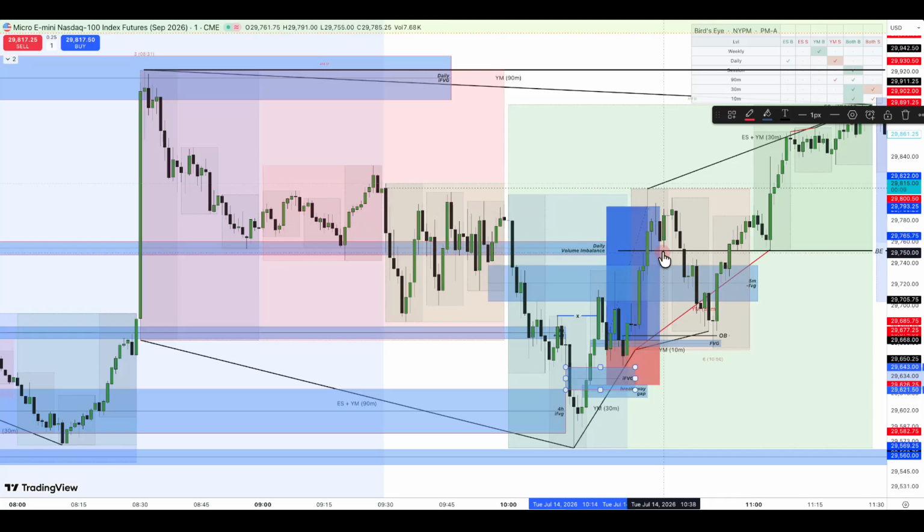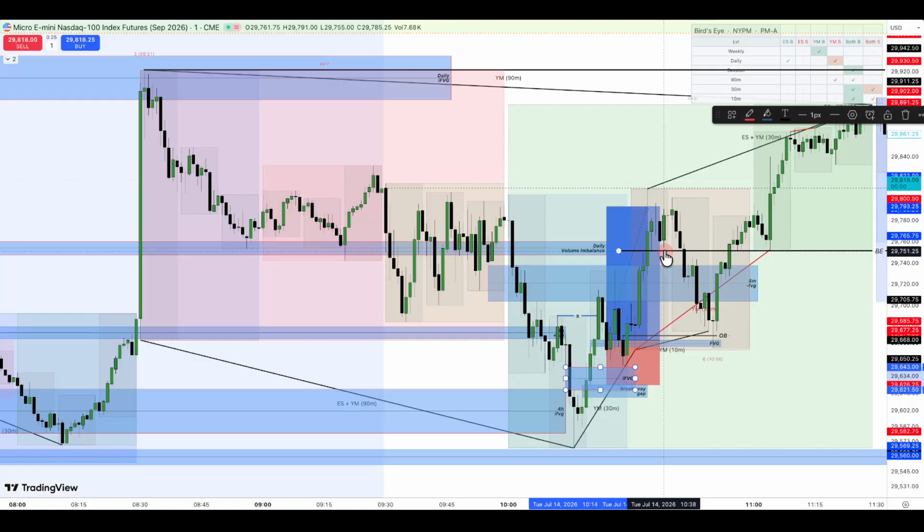because in my rules, I make sure that I take some partials to protect myself, not just to protect myself, but to also make money while in the trade.